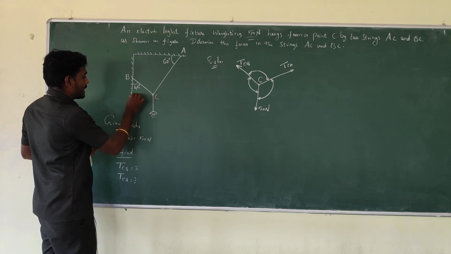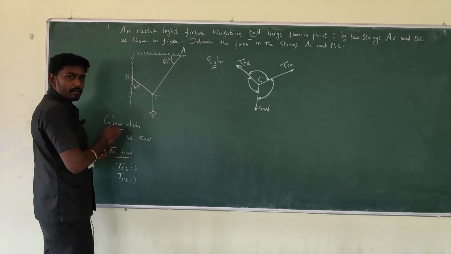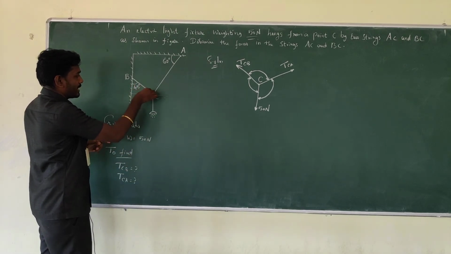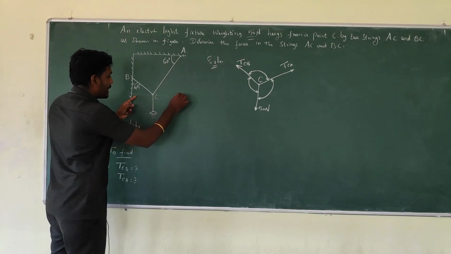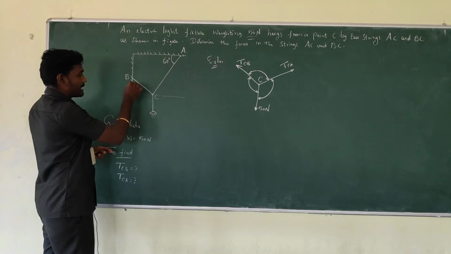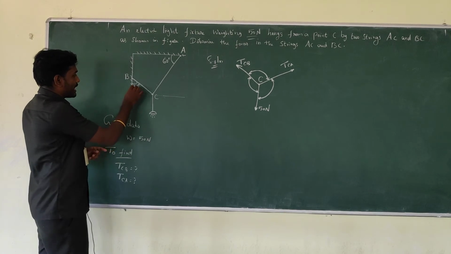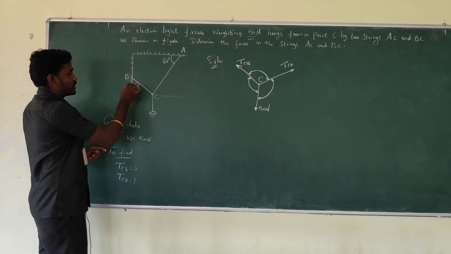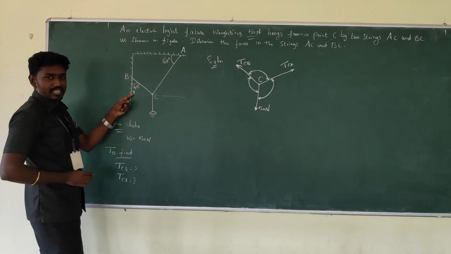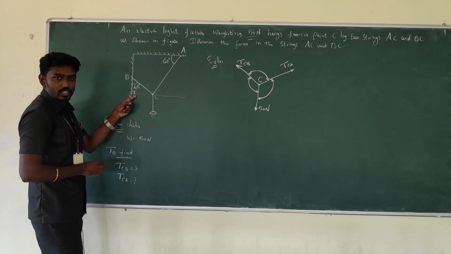If I draw the horizontal line, you can form a triangle here. When you have a horizontal line passing through C, you can get a triangle. This side is mentioned as 45, and this would be 90 degrees, since they are perpendicular to each other.